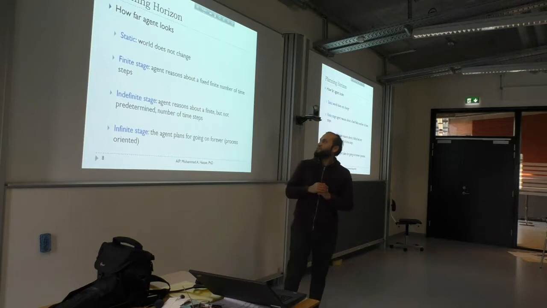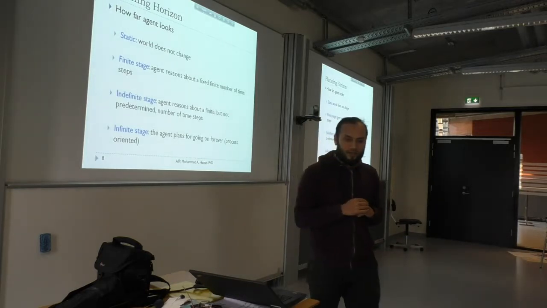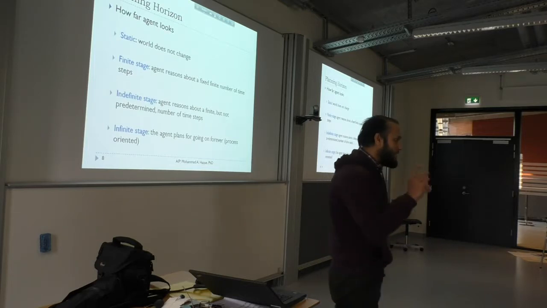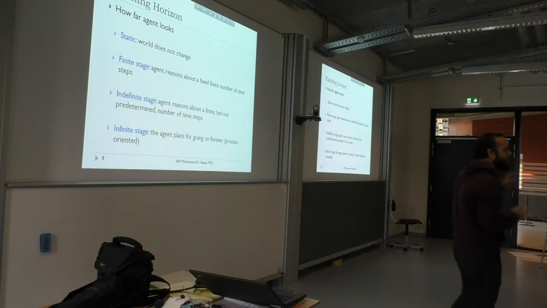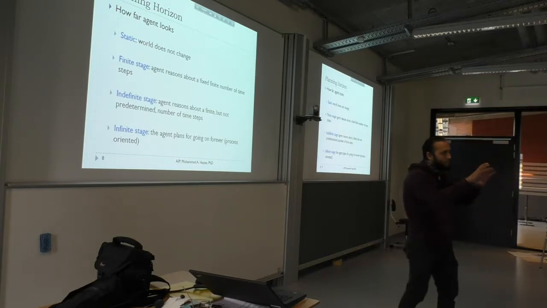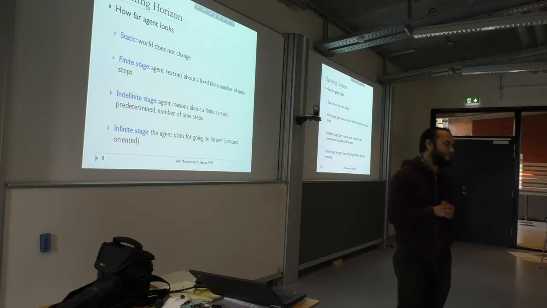And then finite stage. The way I explained the first one, the world is not static. Do you think that we have a stable or fixed number of states in this environment? Or we actually don't know how many states can arise here in this class?